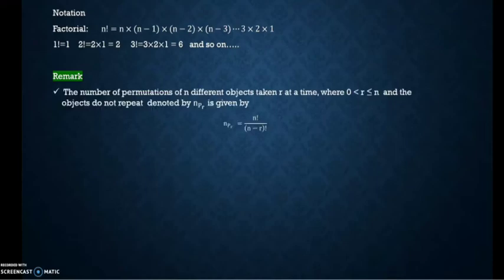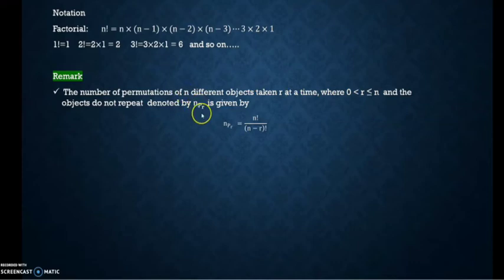So let's put up the formulas for permutation. The first formula says that if you have n different objects and take r at a time, where r can be 0, that means you are not taking anything, or you are taking everything, you can also take 0, it doesn't matter. The permutation of n objects taken r at a time is given by nPr.